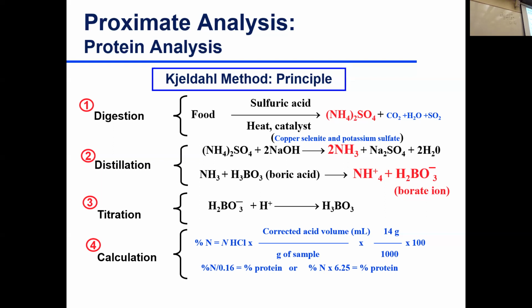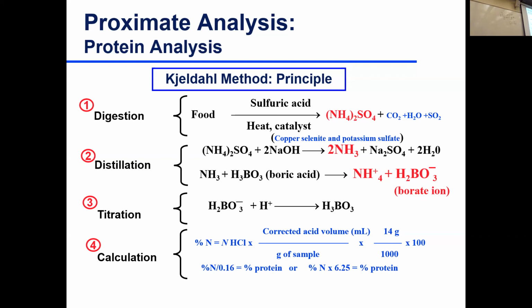Now you have soluble ammonium sulfate in the sample, you neutralize. We neutralize with NaOH. So what will happen is you get ammonia, and ammonia is vapor, is gas. So we don't want ammonia to just go out, we need to contain it. Because we need to contain it, we distill it. So we make sure that the ammonia evaporates along with water.